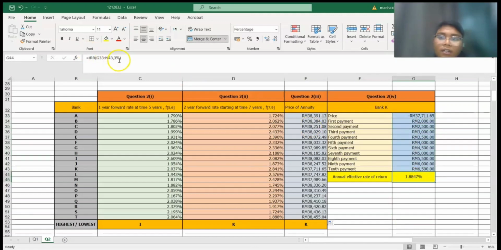And then this is a guess, the rate of return that we just guess, 3% is just a guess. So here I get 1.8847% for the annual effective rate of return achieved by Aisyah.